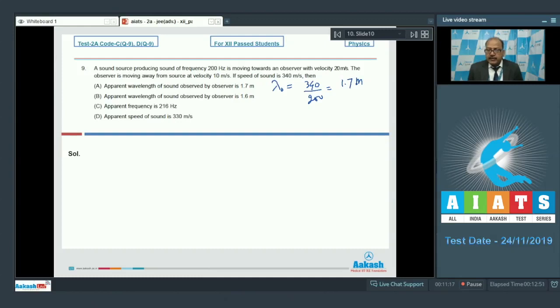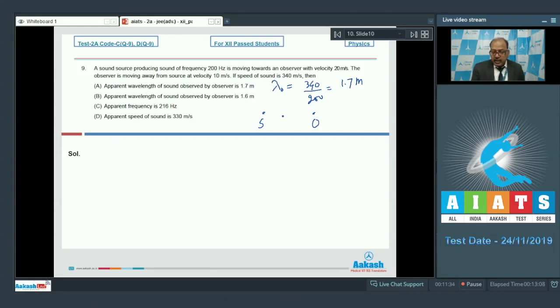and because of motion of source the wavelength is altered. So if the source is here and here is the observer, in this direction the wavelength will get reduced, whereas to the left of the source wavelength would have increased.